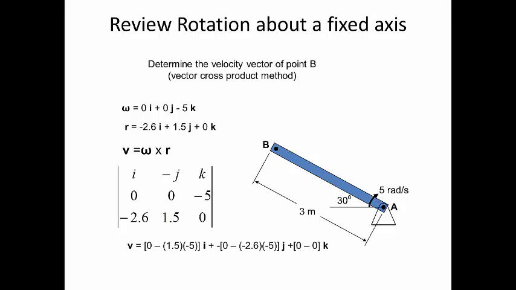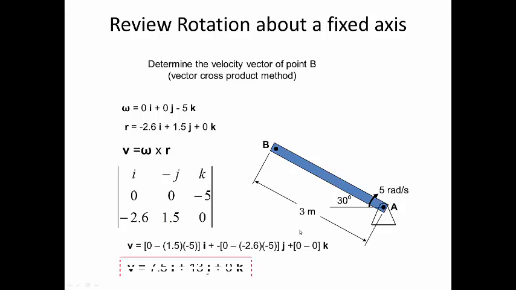In the i direction, we would get 0 times 0, which is 0, minus a 1.5 times a minus 5 in the i direction, plus a negative for our j direction, 0 times 0, which is 0, minus a minus 2.6 times a minus 5 in the j direction. And in the k direction, we have 0 times a 1.5, which is 0, minus a 0 times a negative 2.6, which is also 0.